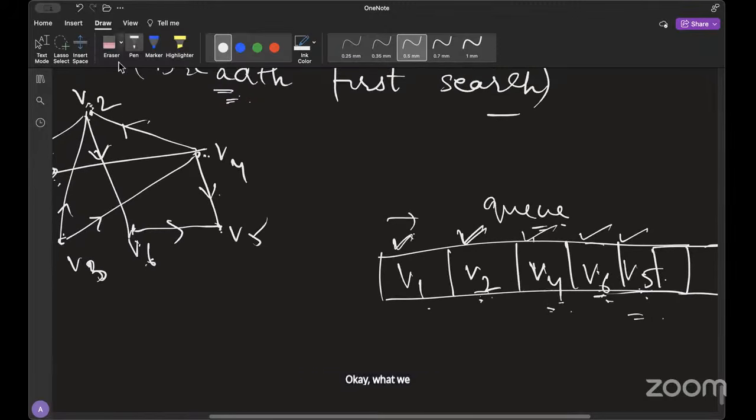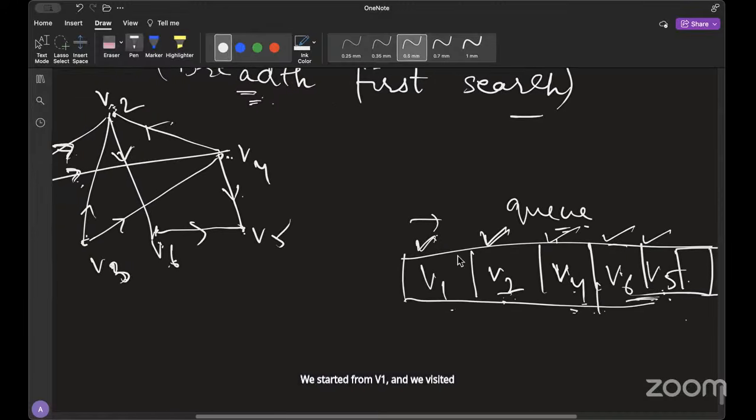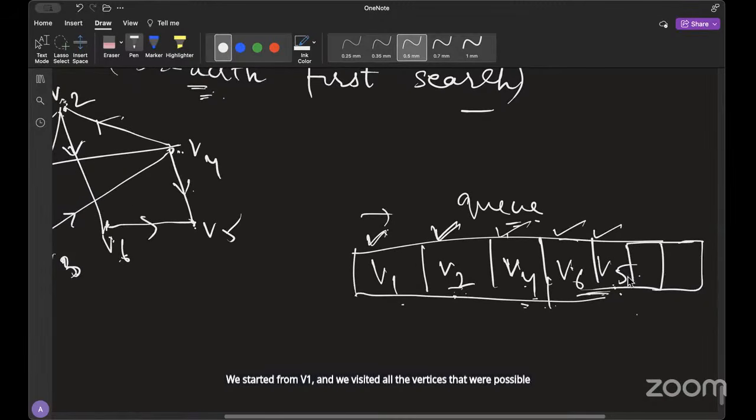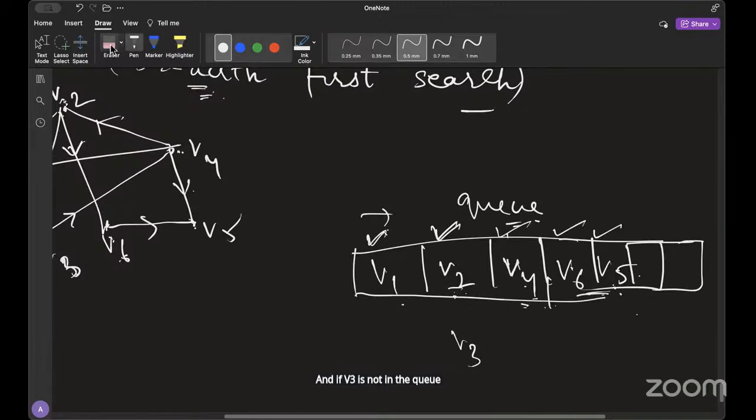What did we do with V3? V3 doesn't come here. We started from V1 and visited all the vertices that were possible. So in this manner, you've written all the vertices that you can reach from V1. If V3 is not in the queue, that means you can't reach V3 from V1.